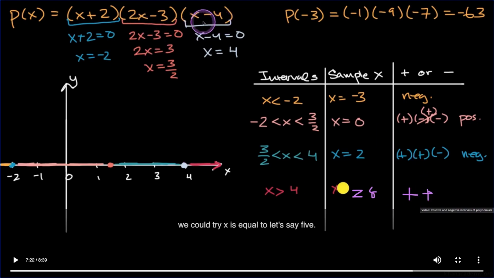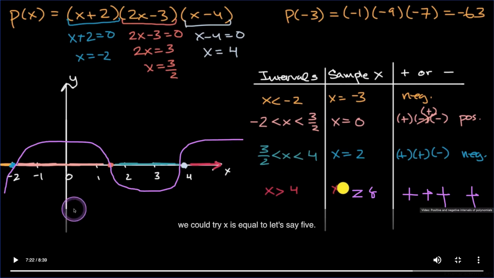And the third one, since it's 5 minus 4, that would be 1, so it's also positive. So in the end, we get a positive value in that interval. And that indeed makes sense because it starts from negative, then goes positive, then negative, then positive again. It seems like the sign is always switching around in this case.